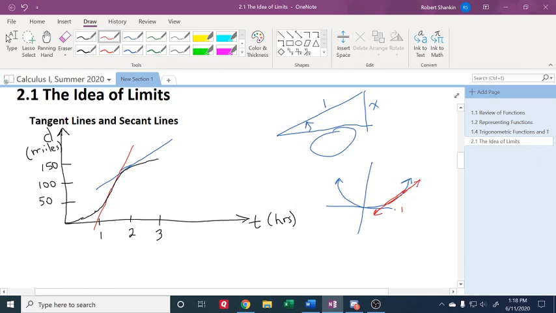And we'll be able to figure that out exactly. Not just approximately, but we'll get the exact slope of this parabola when x is 1. Now it looks like a slope of maybe 1 or 2. It's definitely a positive slope. It's going uphill as you move to the right.